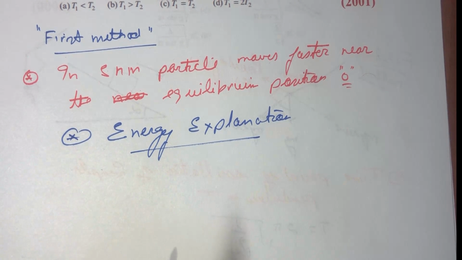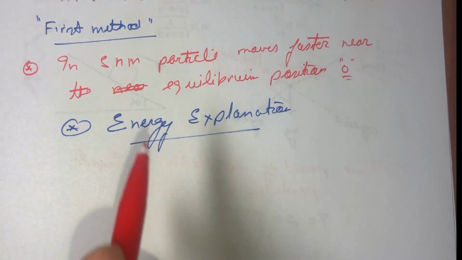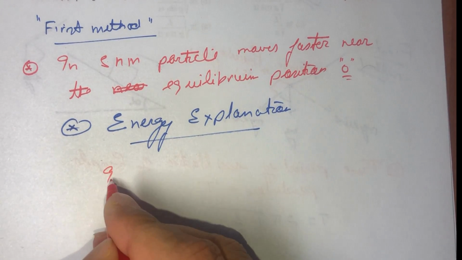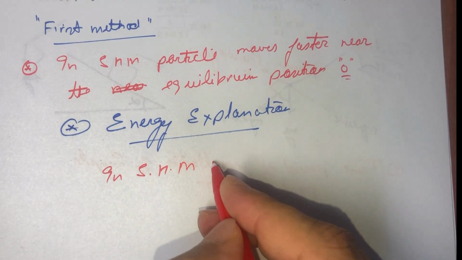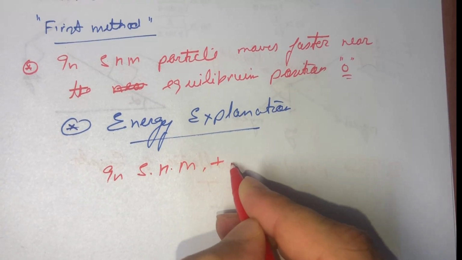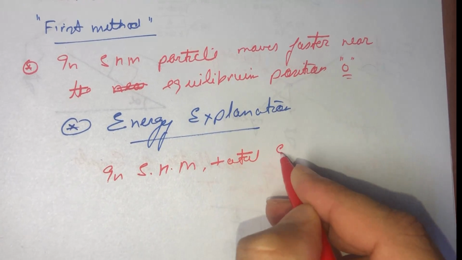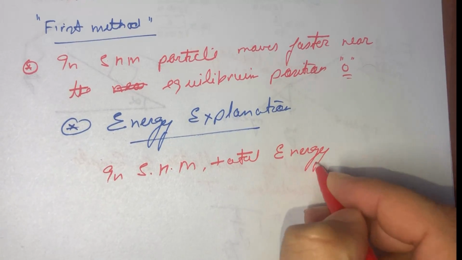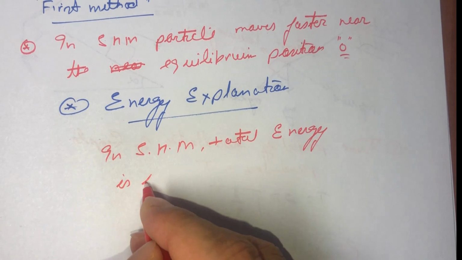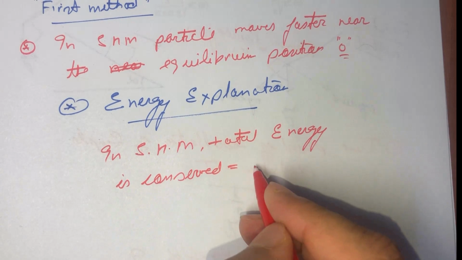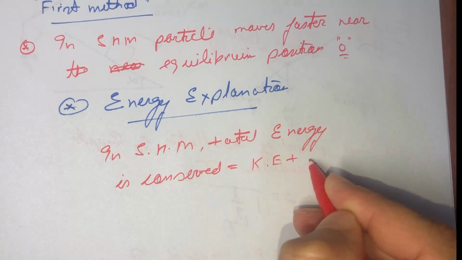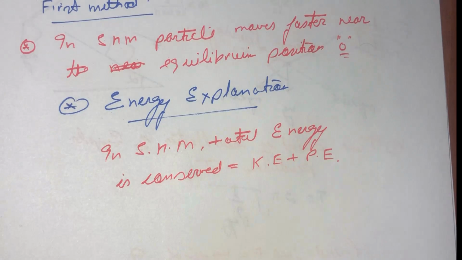We know that in SHM the total energy is conserved, and that is the summation of potential energy and kinetic energy, kinetic energy plus potential energy.